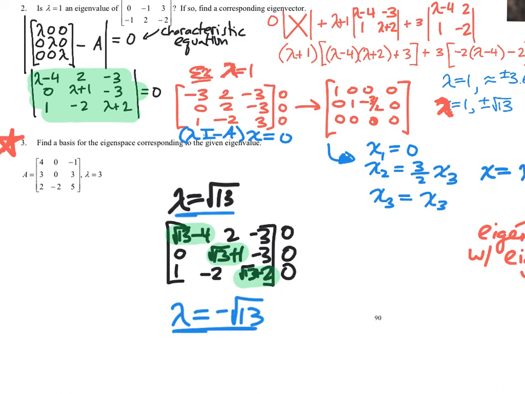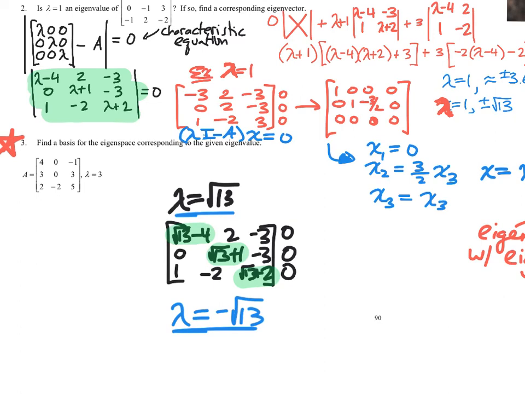I'll edit it, but then I'm not going to paste it in because I'm going to simultaneously handle the other one. Oh, it's done. I just want to save the photos. All right. So then back into the matrix editor. This entry is going to be negative square root of 13 minus 4.